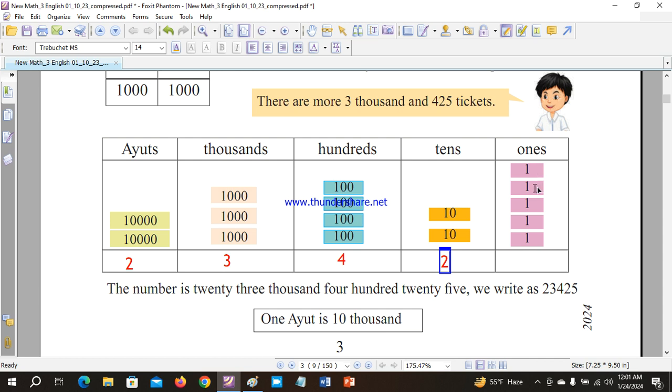And here 1, 2, 3, 4, 5, five ones. The number is 23,425, and we write it as 23425. 1 Ojut is 10,000. Remember it.